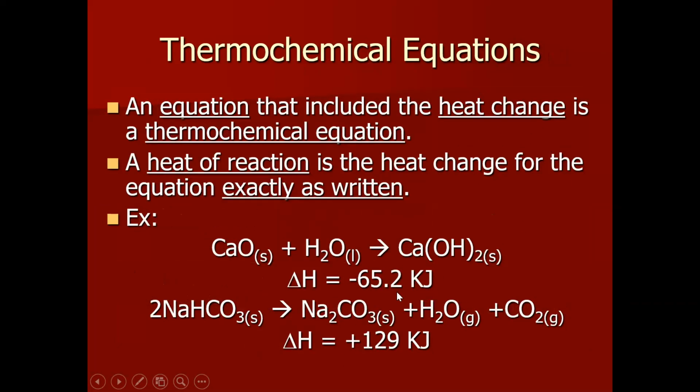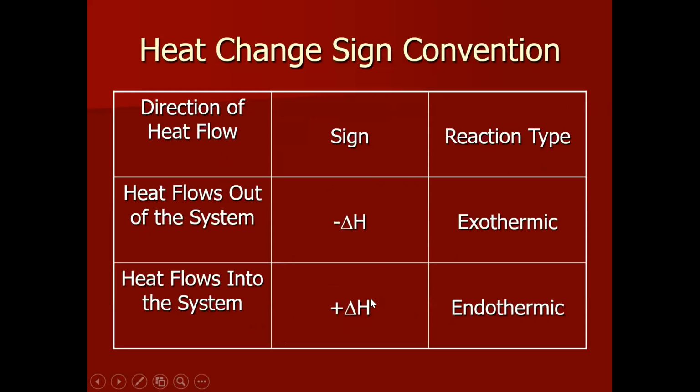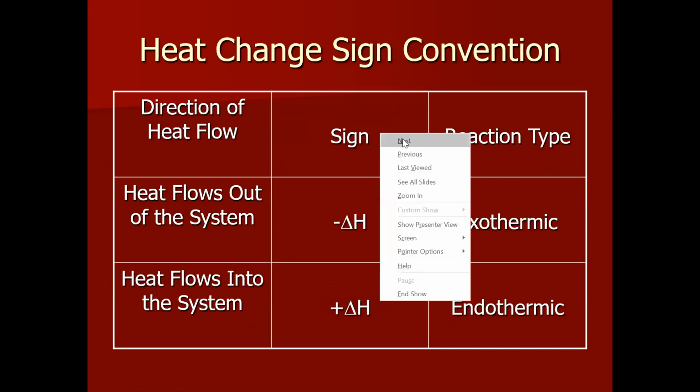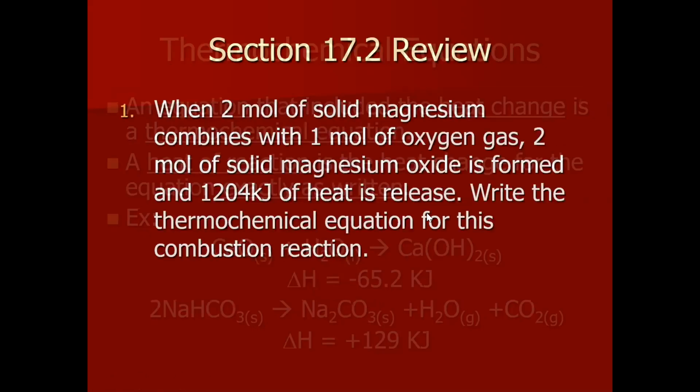Minus delta H is called an exothermic reaction, and plus delta H is called an endothermic reaction. So friends, this is all about the heat change in chemical reactions, right?